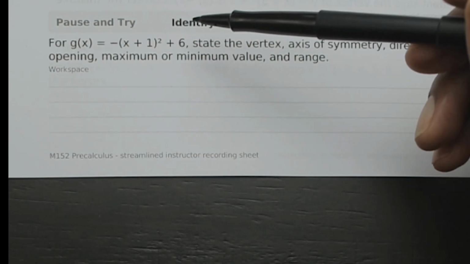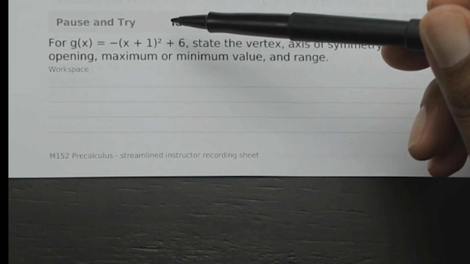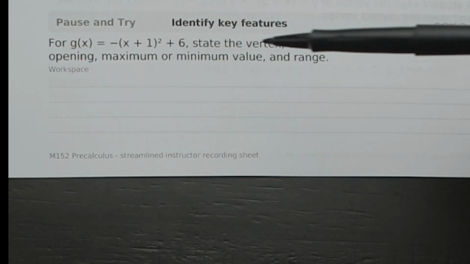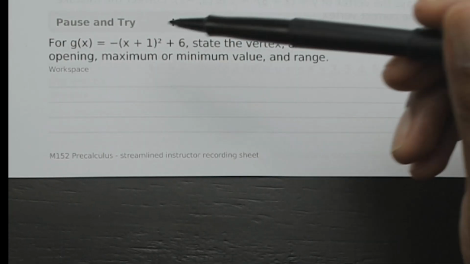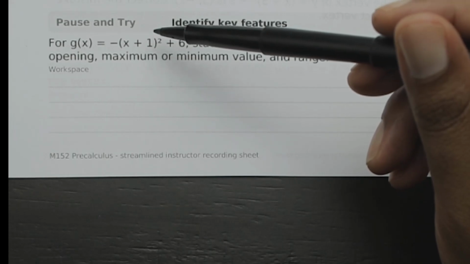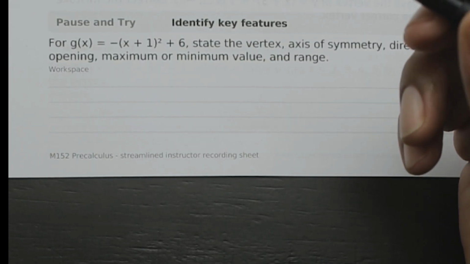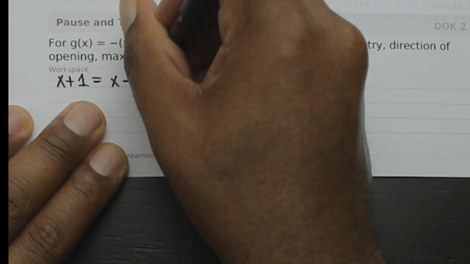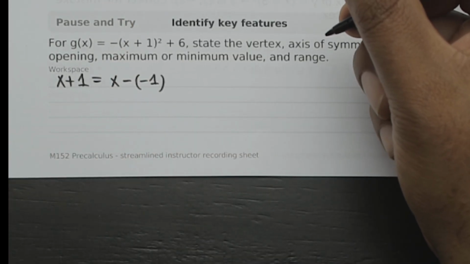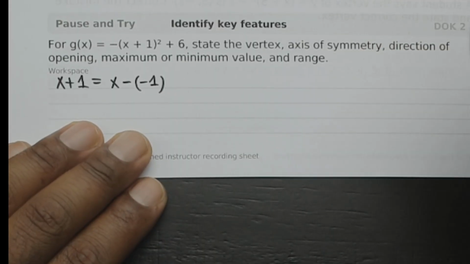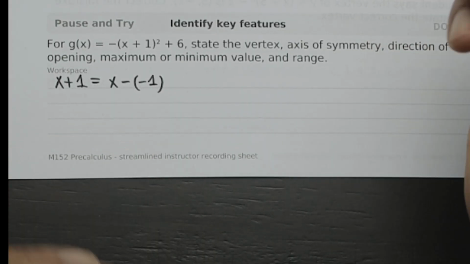Okay, so this function here is negative parentheses x plus 1 squared plus 6. Essentially, we have to rewrite the expression on the inside. It's plus, so we have to rewrite x plus 1 as x minus a negative 1 so that we can understand what the h and k would be.